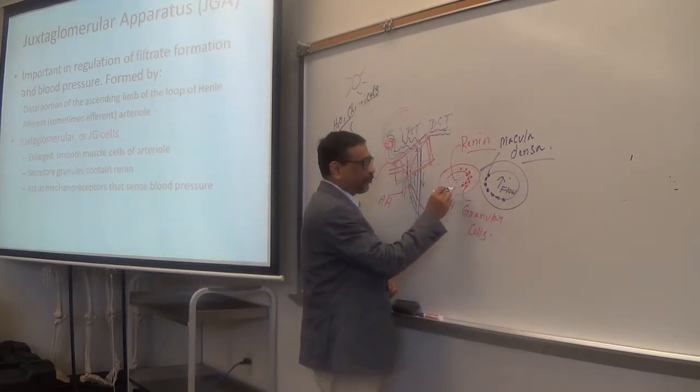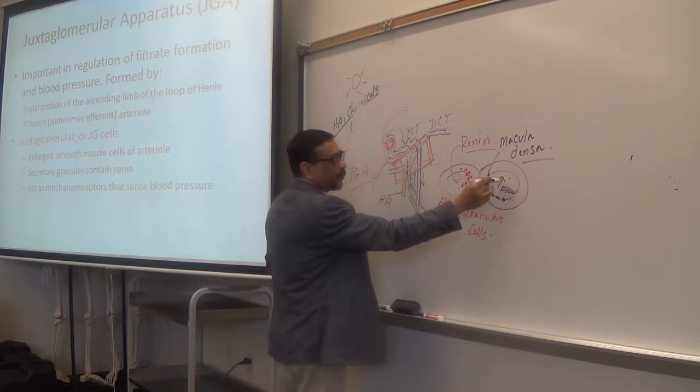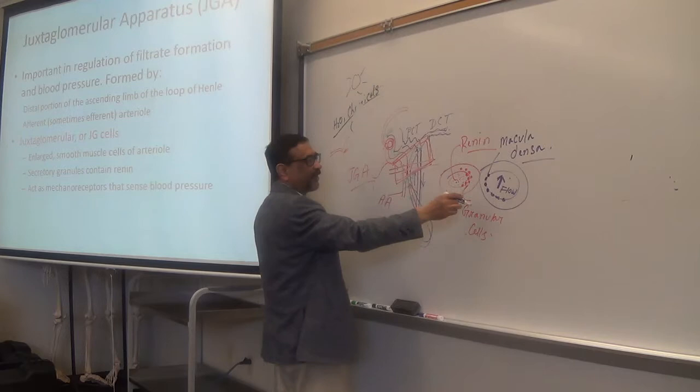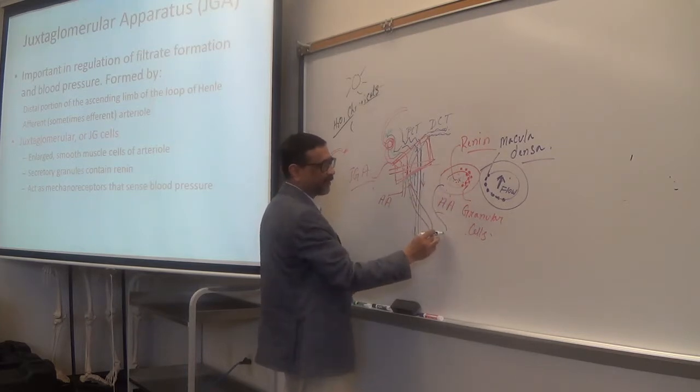Now, both are important. If the production of urine is less, that means less blood is going through the kidney. That is one thing. And if the blood flow here is low, that means blood pressure inside the artery is low.